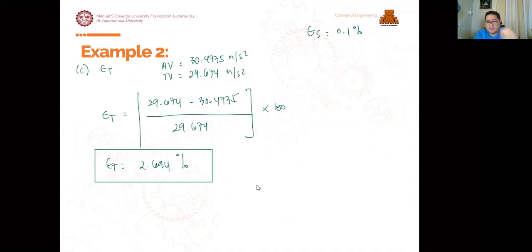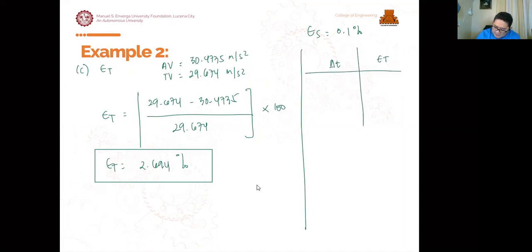So para makuha natin yung mas mababang value niya, kailangan yung step size natin, no? So ito yung values natin kanina. Yung step size natin nung una, 2 second, ang error natin is 2.694. So para mas lumiit siya, i-half natin, gagawin natin ay 1 second naman.